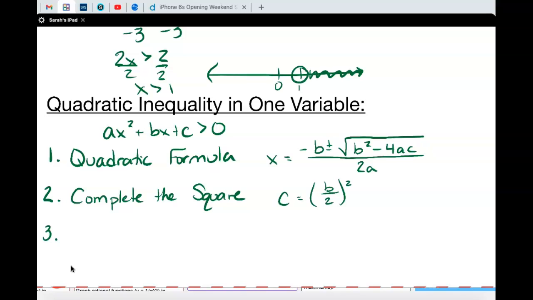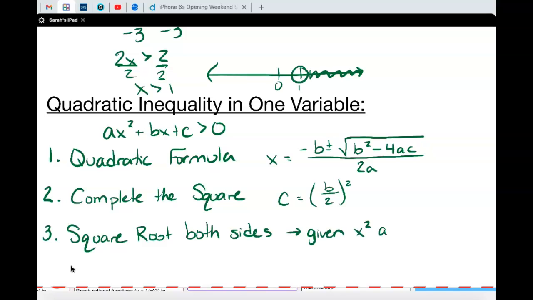Radical? Isn't it radical? I mean, kind of. We can square root both sides. This only works if you're given x squared and not x.